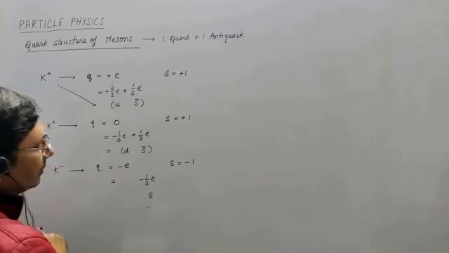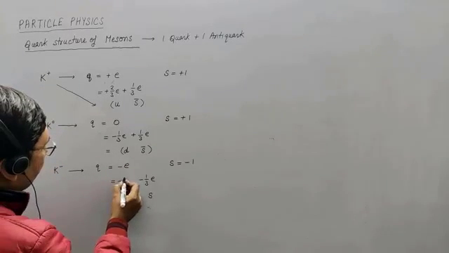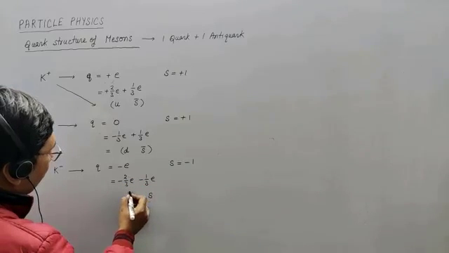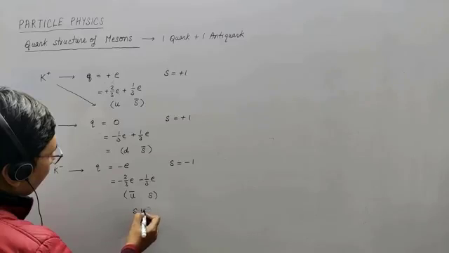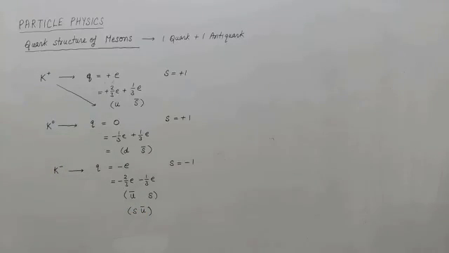This will be S. The total should be minus E, so the other will be minus 2 by 3E... sorry, plus 2 by 3E-antiquark, so this will be U bar. So this will be U bar S, or S U bar, you can write. So basically these are the internal structures of the mesons. So in this simple method you can find out the quark structure of all the mesons as well as all the baryons.